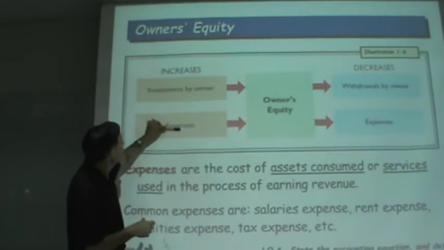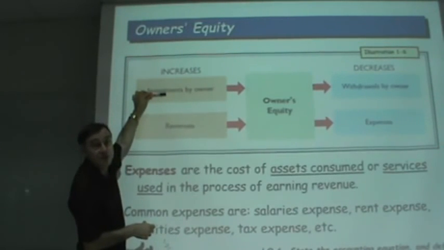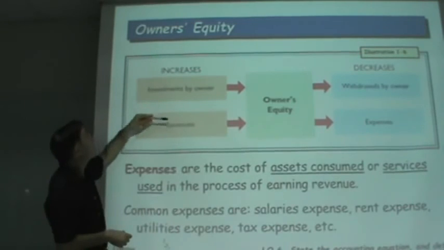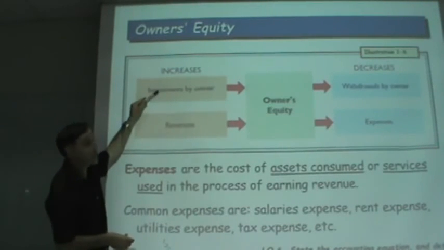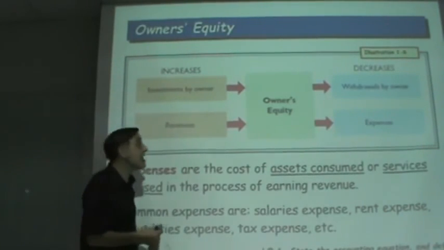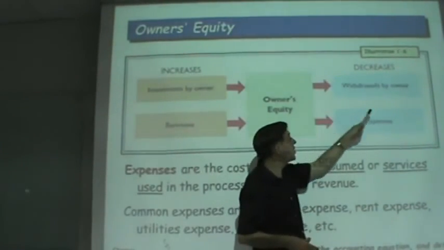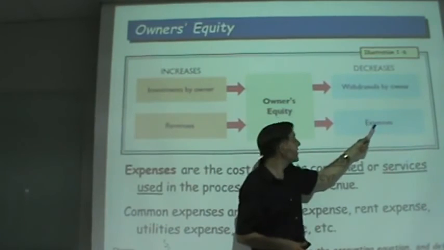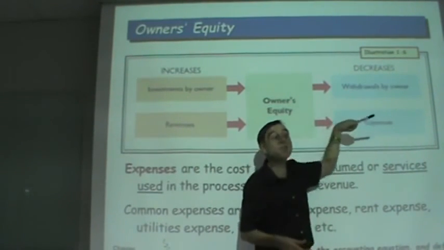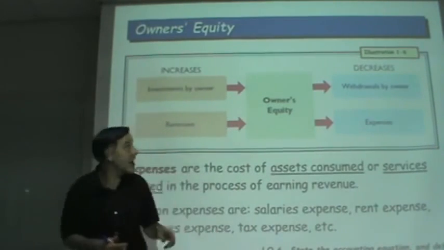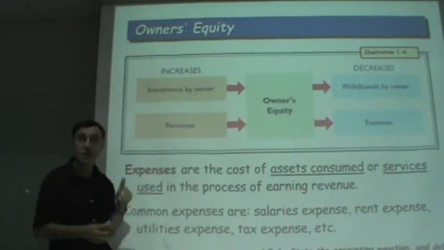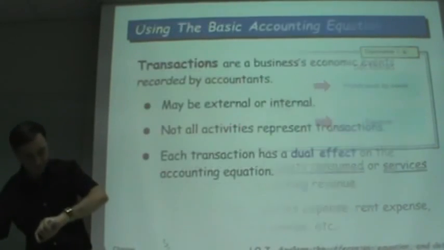So, revenue is separate from investment, okay? It increases the equity, but it's separate. So, when you have a revenue, you don't count it as investment. When you have investment, it doesn't count as a revenue. Same thing, dividend does not count as expense, okay? An expense does not count as dividend, okay? So, dividend is different from expense, okay? An investment is different from revenue. Important to understand.